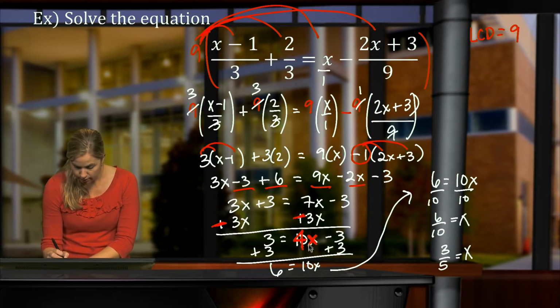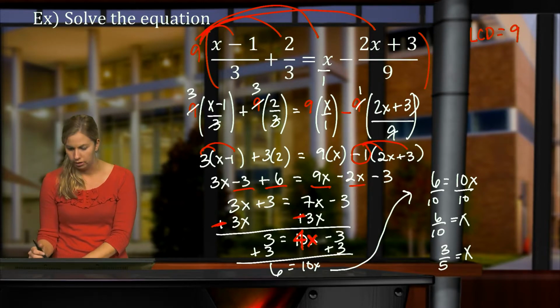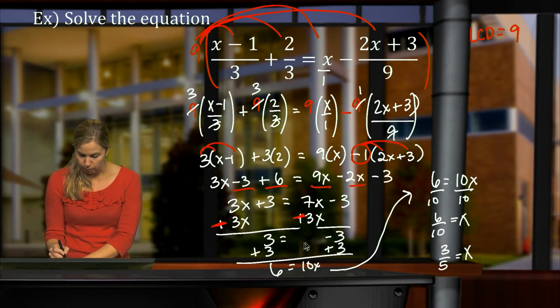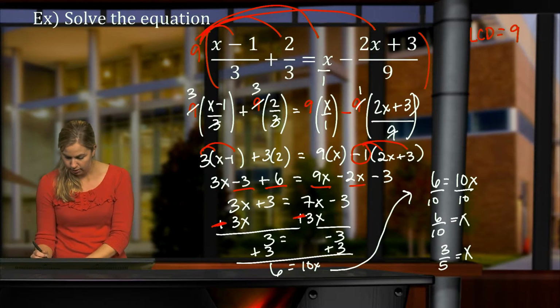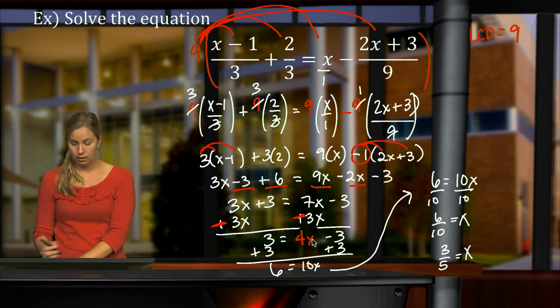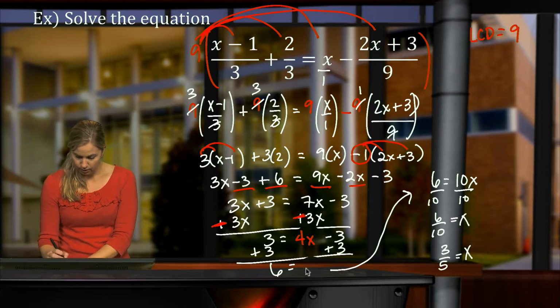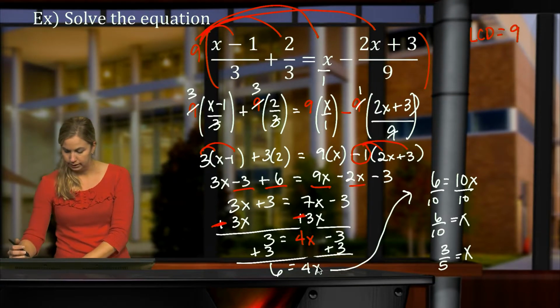4x, not 10x. I'm actually going to erase that. It looks a little hard to read here. So this term right here, we should have had 4x minus 3, which changes this one right here. 4x equals 6.